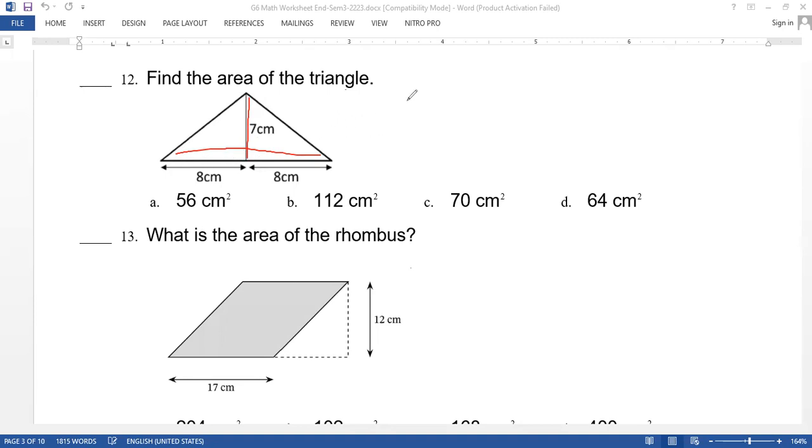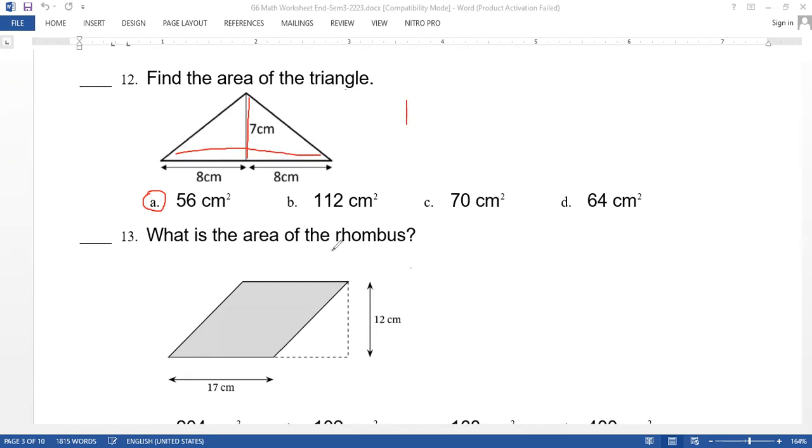So the whole base is 16. 16 multiply 7 divided by 2. 16 multiply 7 is 112, so you will get the answer 56. Don't confuse yourself and choose B, because in the triangle you need to divide by 2. So the answer will be 56 centimeters squared.